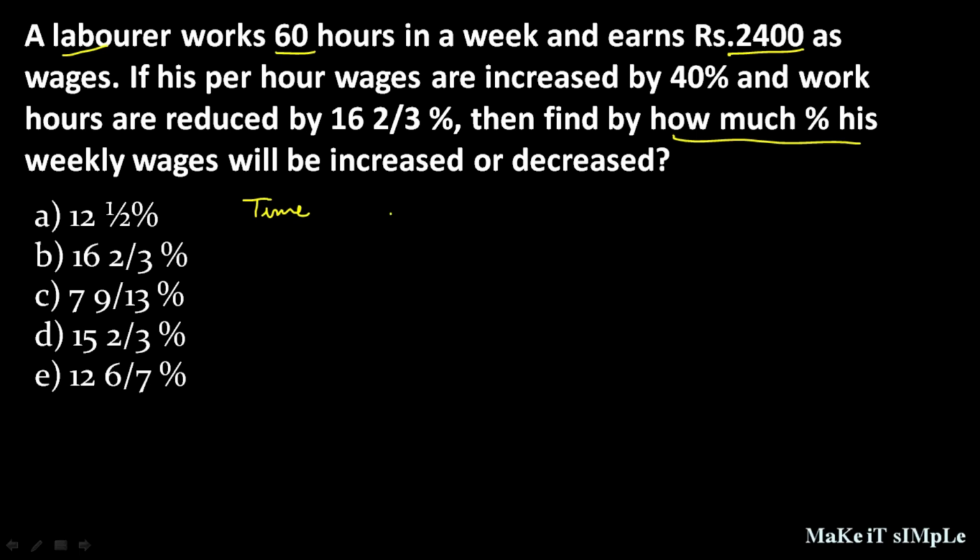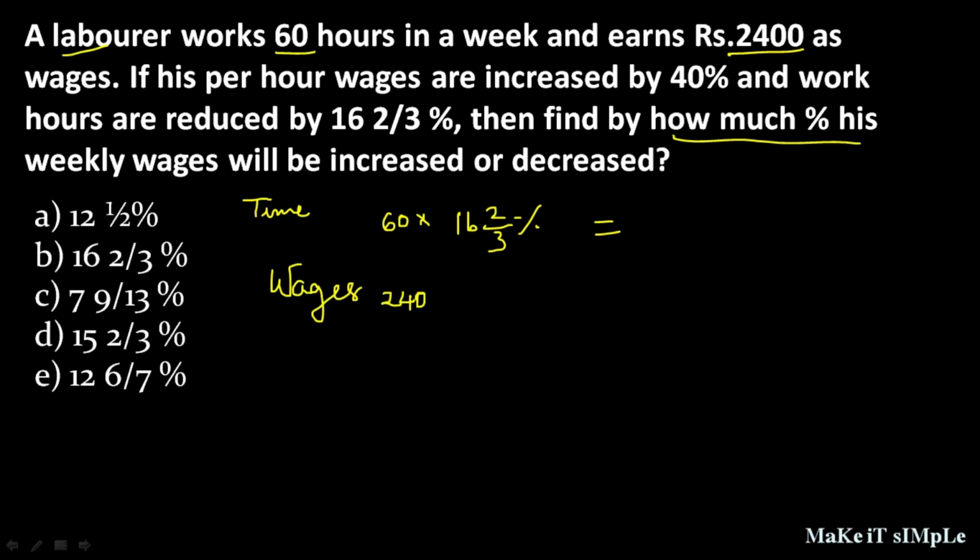What they have given here is time, so time is 60 hours. From that we'll be finding the 16 2/3%, that is that many units it got reduced. Next they have given the wages.